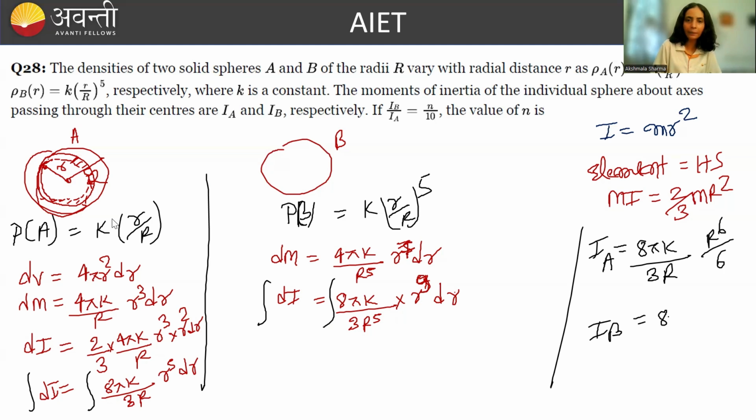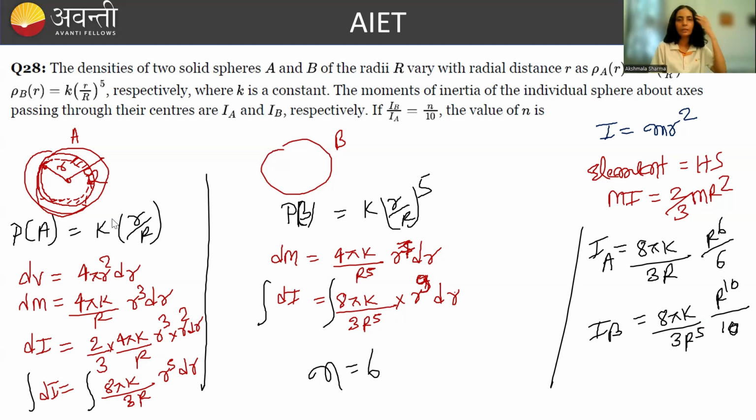IB will be 8 pi k by 3 r5 into r10 by 10. Okay. So if you take the ratio of IB by IA, it will definitely be something by 10. So that is 6 by 10. So N will be equal to 6. It's simple, you just need to calculate the moment of inertia over here.